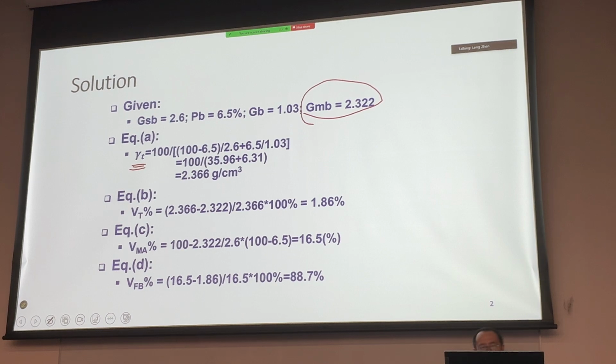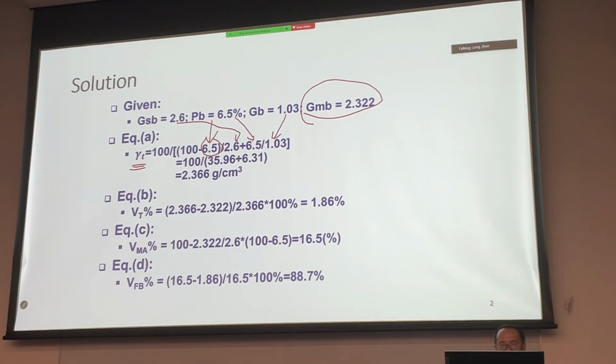So now you can check the equation. The first equation we have for calculating gamma t. In this equation, we need to know PB, which is equal to 6.5. We should also know GSB, and also GB, and also PB here. So just check the equation provided for you to calculate gamma t.